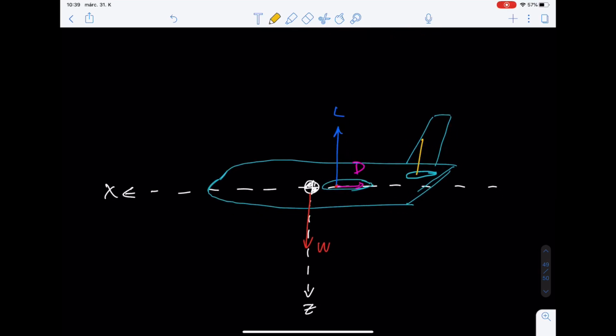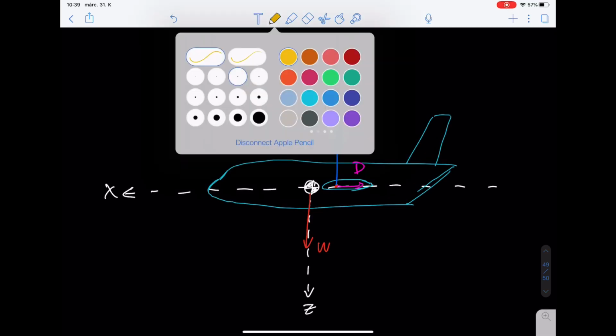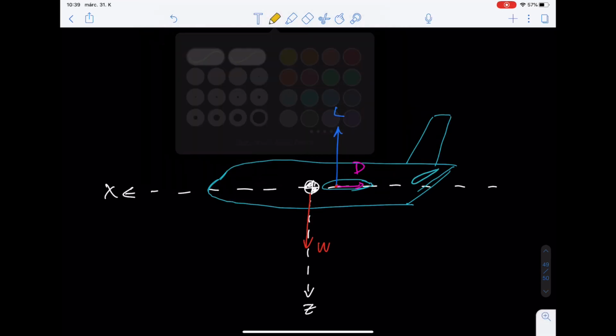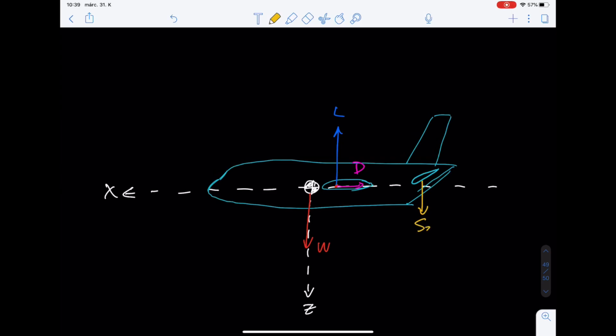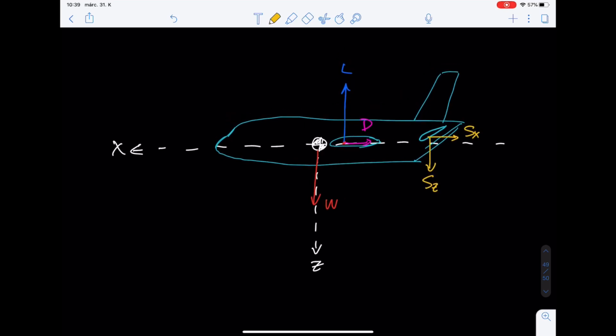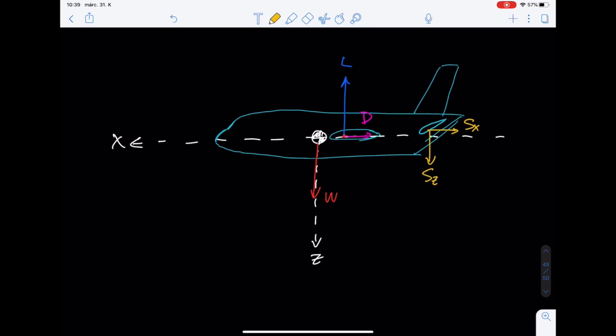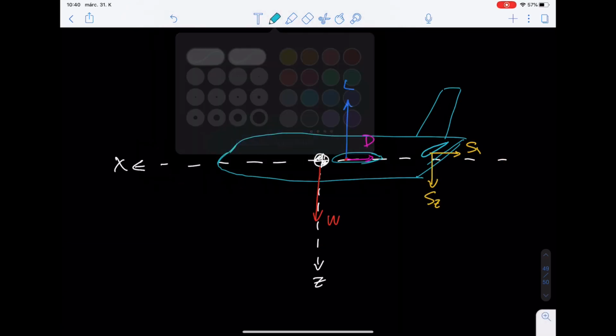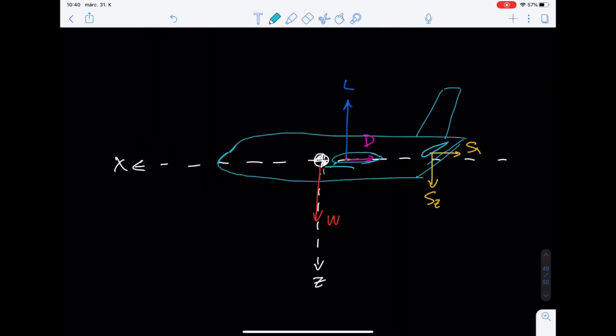It was deflected downwards, right? So therefore the S force generated, the stabilizer force, was pointing downward, and you also had an SX, which was basically the drag component of the resultant aerodynamic forces generated on the stabilizer. And we also shouldn't forget about the thrust force.